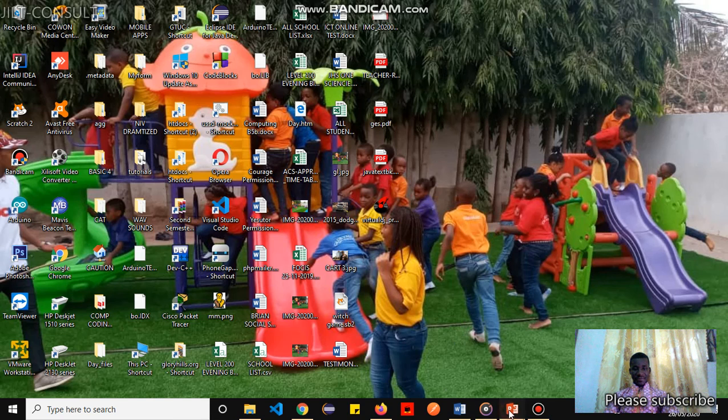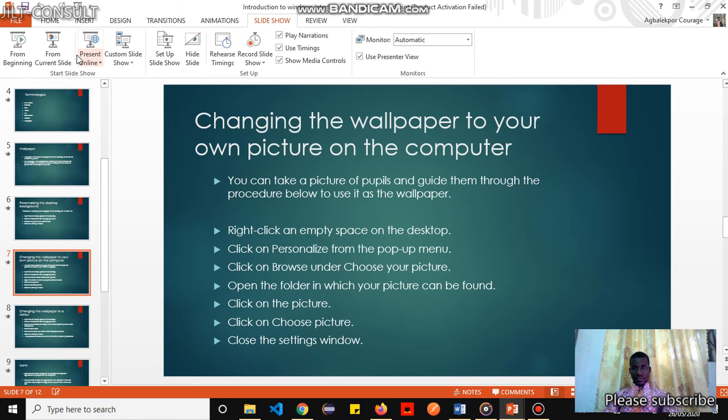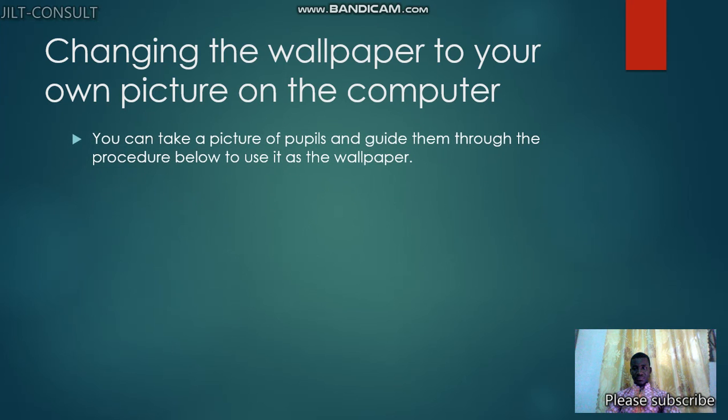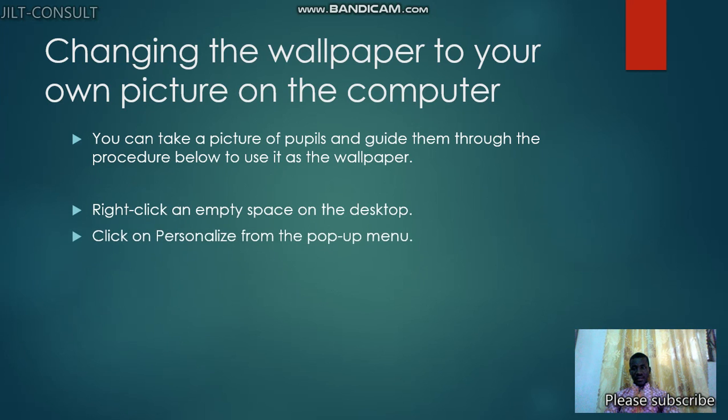Let's see. So after changing the background picture, we have what? Changing the wallpaper to your own picture on the desktop. So let's see the steps. Step 1: this one we're going through to change the wallpaper. Step 1 is saying we should right click on an empty space on the desktop. Step 2: click on Personalize, just like the previous one that we did.